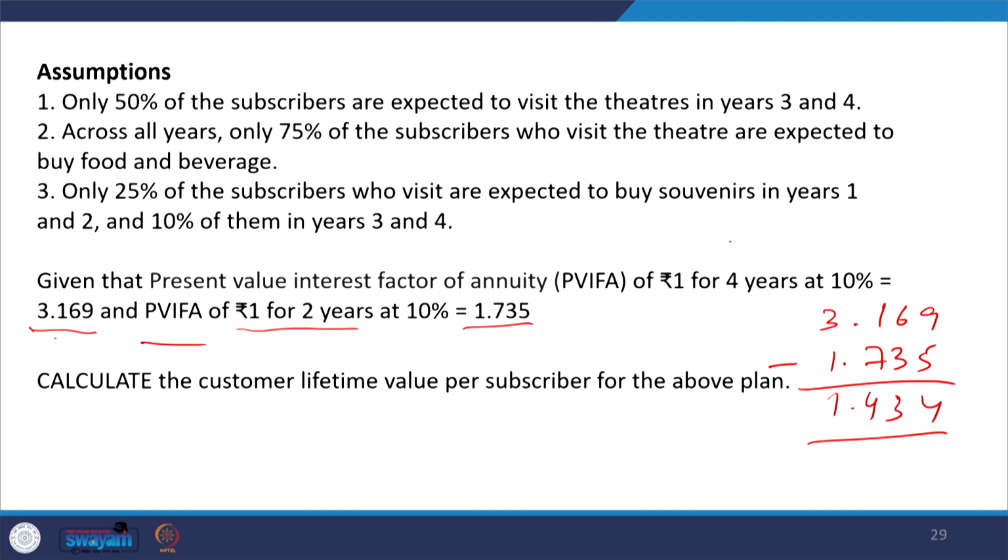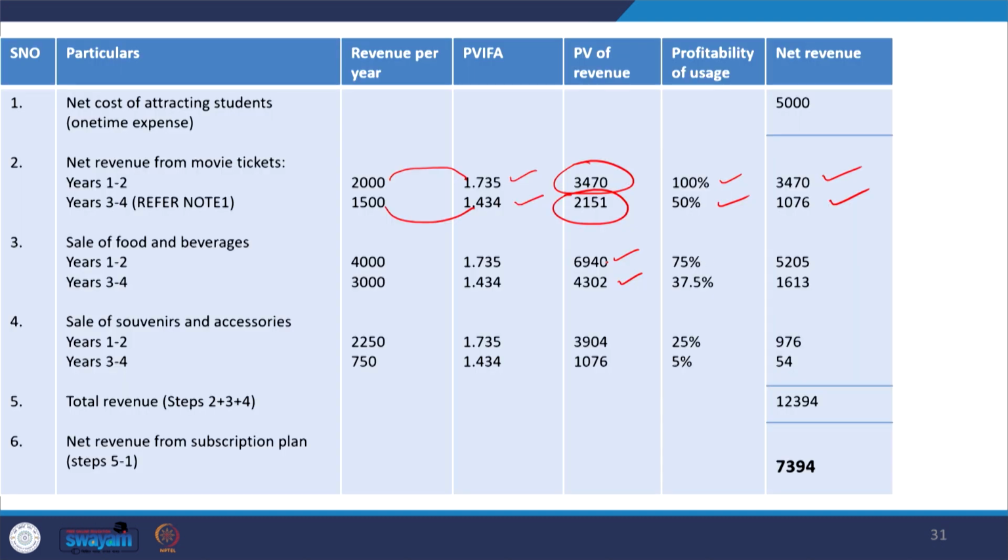So, 75% of this much comes to 5205, and in the third and fourth year we said only 50% will go. So, 50% of 75% is 37.5%, which is 4302 into 37.5%, equal to 1613.